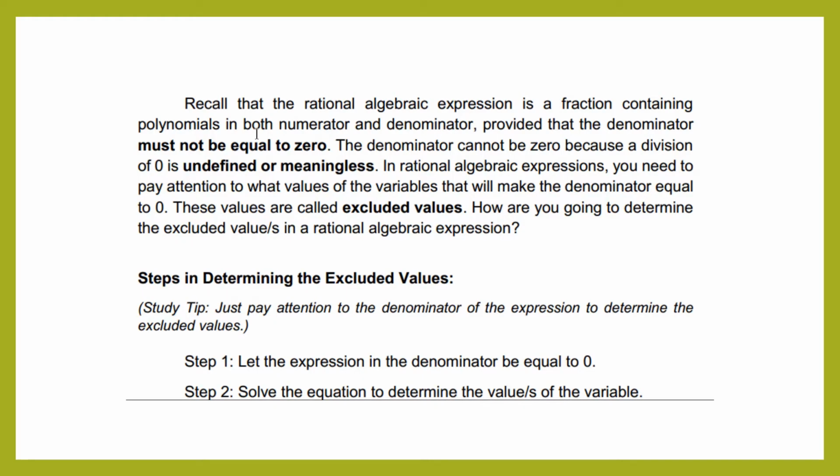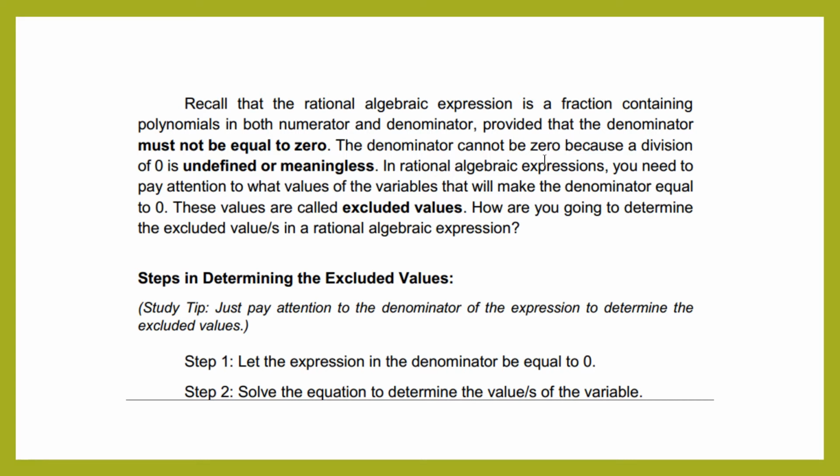So, let us recall that the rational algebraic expression is a fraction containing polynomials in both numerator and denominator, provided that the denominator must not be equal to 0. The denominator cannot be 0 because a division by 0 is undefined or meaningless. So, yun yung rule. Bawal maging 0 yung denominator because magiging undefined or meaningless yung ating expression.